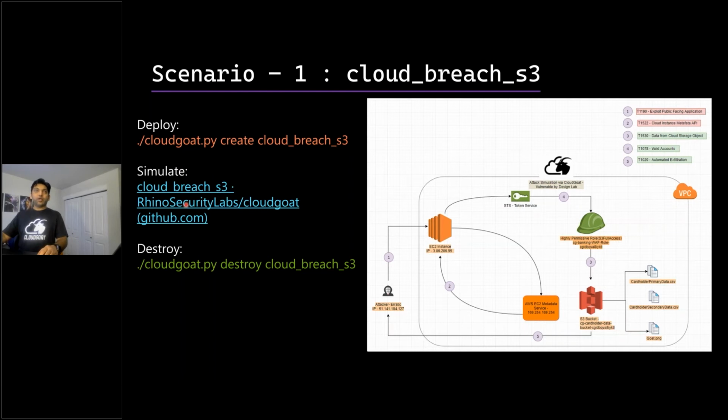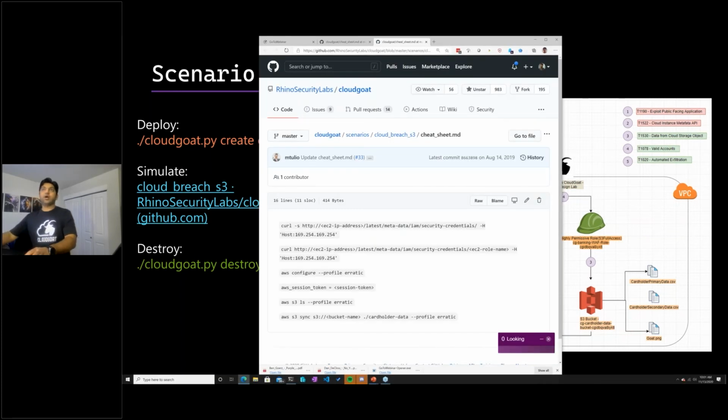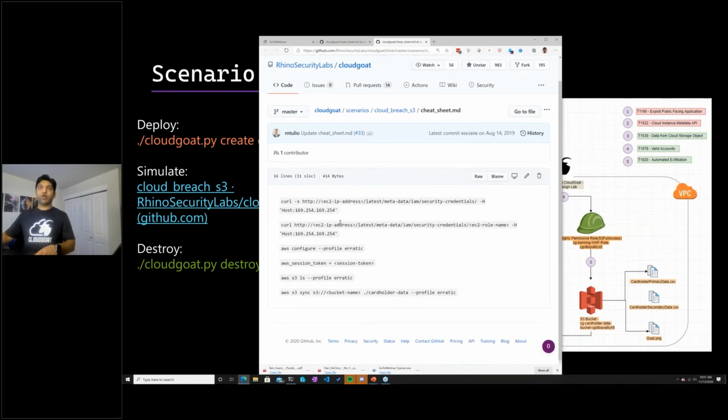If you click here, it will route you back to the CloudGoat GitHub. You can see these are AWS CLI commands that you can start executing to simulate the adversary behavior.